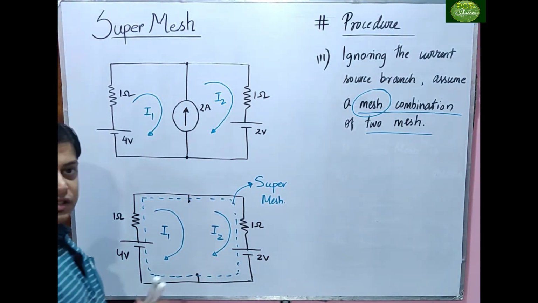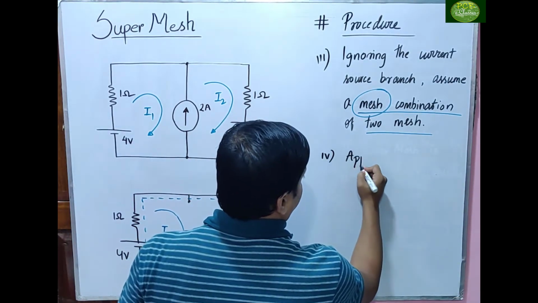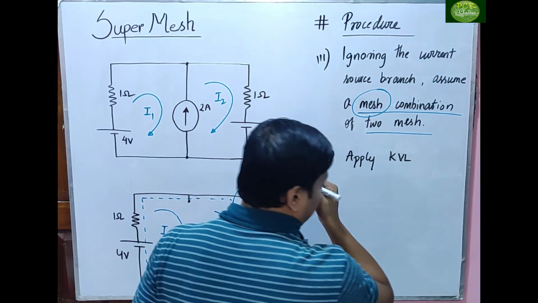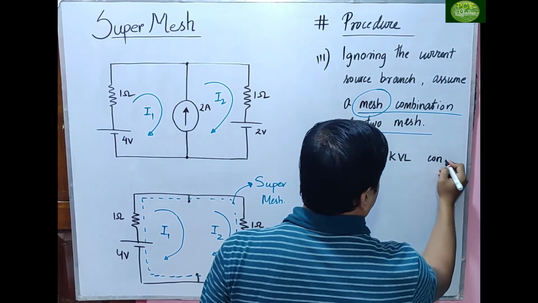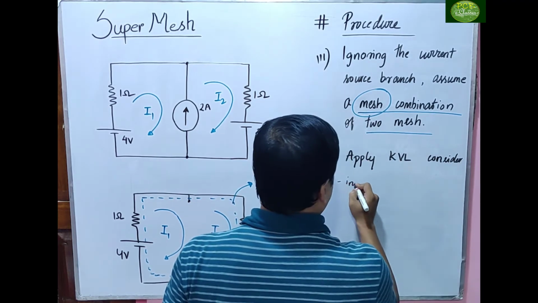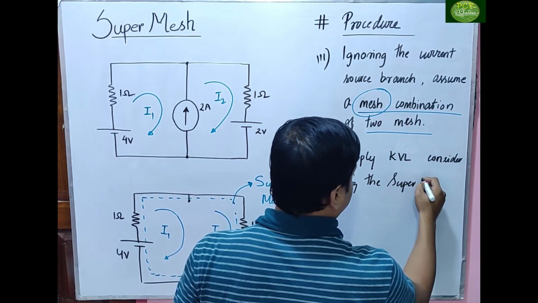Right? So next, fourth step is to apply KVL considering the super mesh.